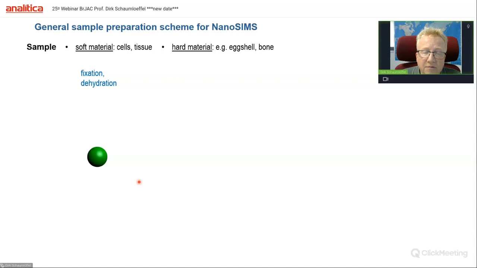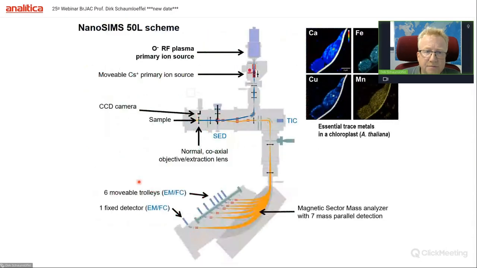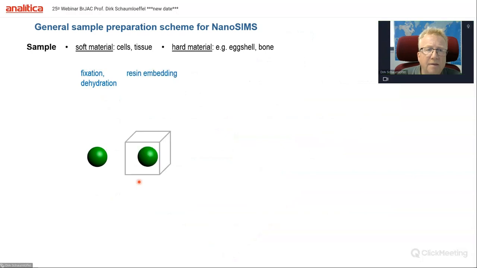Dehydration because we are working in ultra high vacuum, so the sample must be dehydrated. And then the sample, usually, not necessarily, but usually we are doing a resin embedding of the sample.